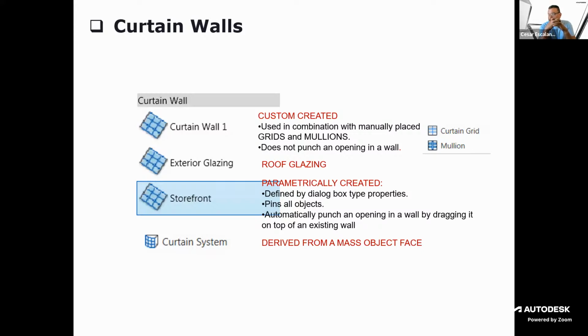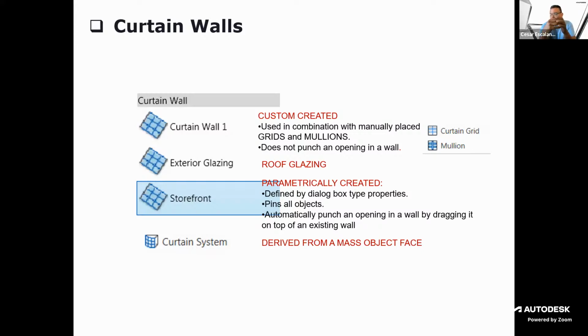The easy one to understand is the type that is called storefront. This has been set up to be parametrically created. What that means is that you don't interact manually with the storefront. All the properties of the storefront are defined via a dialog box.